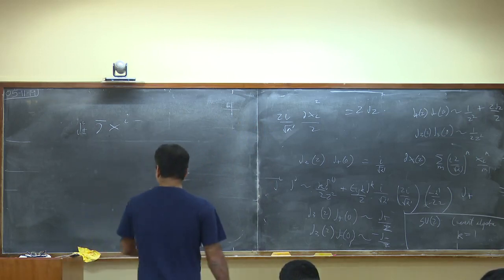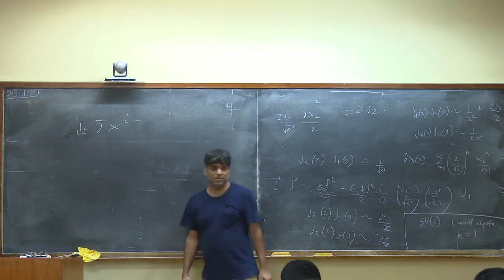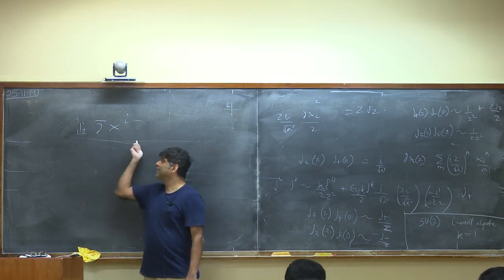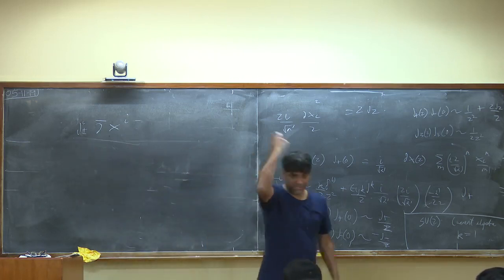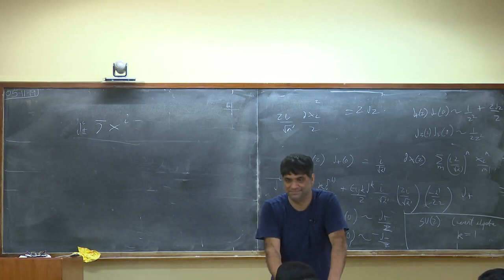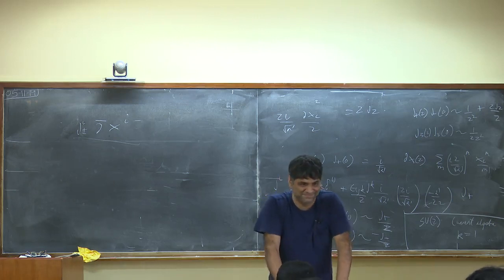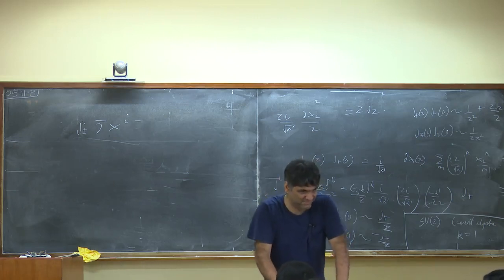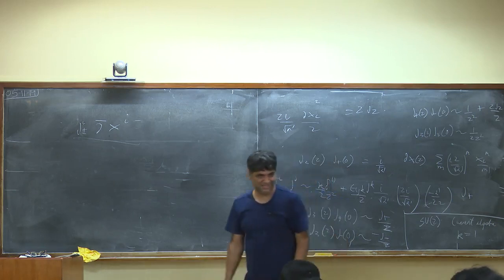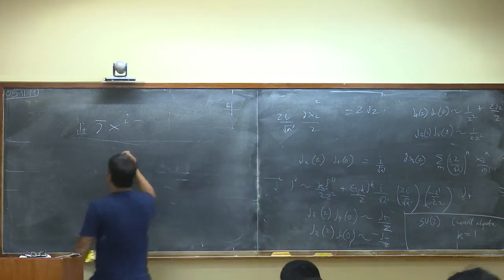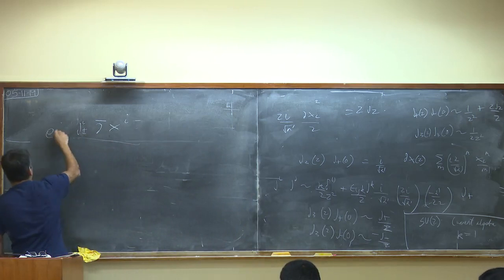Now, as far as the non-compact directions go, what kind of representation of the rotation group does this transform in? It's a vector. Now, this can be multiplied by e to the power i k_i X^i.